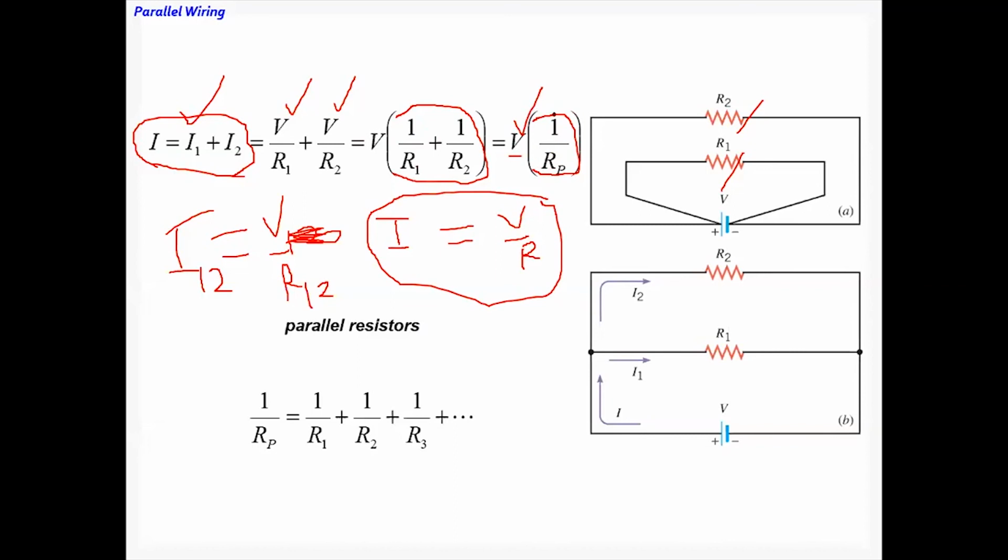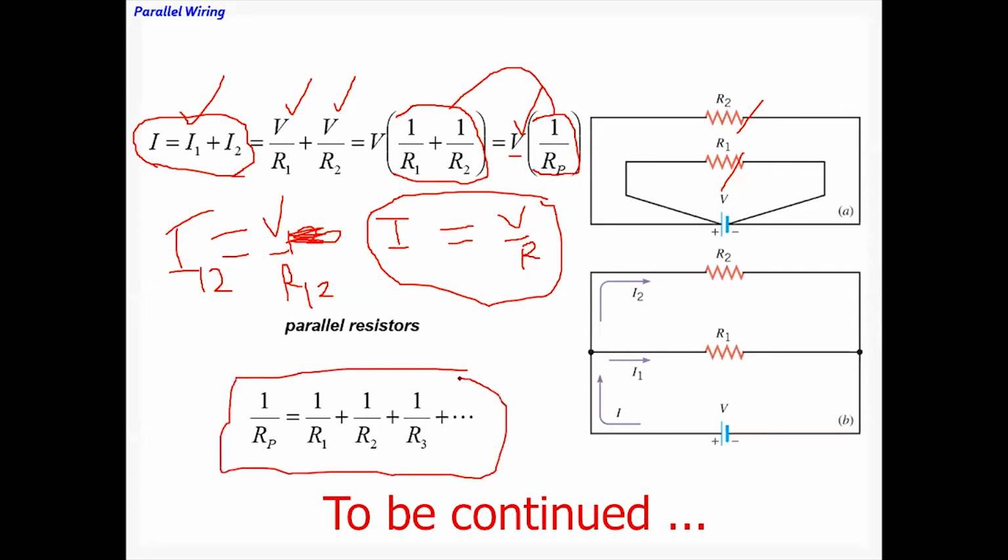So that's why 1 over RP equals 1 over R1 plus 1 over R2. If you have more than 2 resistors, then you can add like this: 1 over RP equals 1 over R1 plus 1 over R2 plus 1 over R3, adding all of them together.